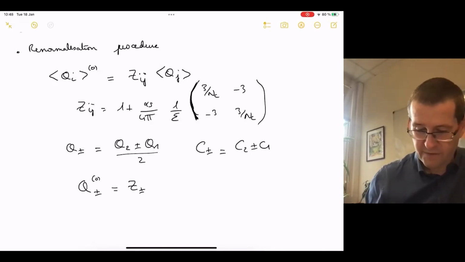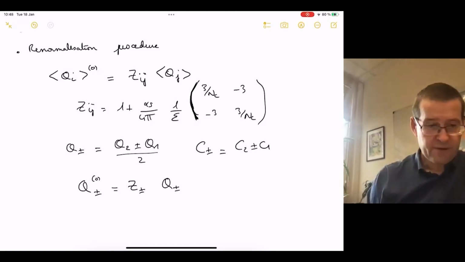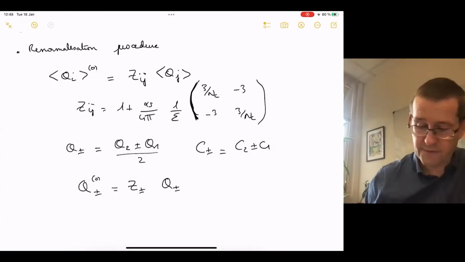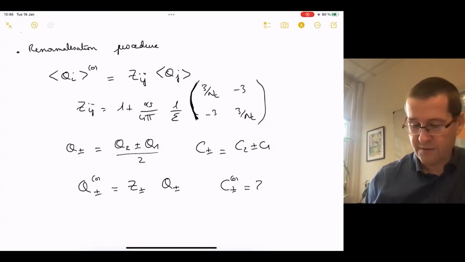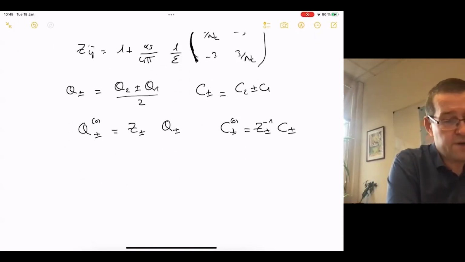You've got something which this time is just numbers, so it's diagonal. You don't have any cross-mixing between the two operators, and then you can, in a similar way, use the same factor to normalize the Wilson coefficient.